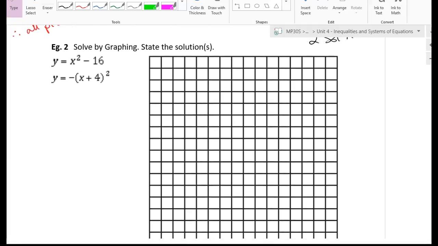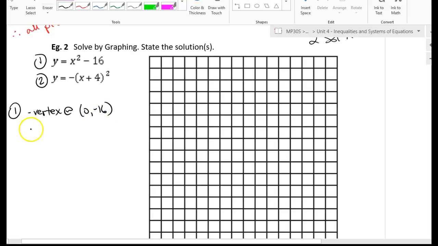Again, I really like vertex form because it lets me find my vertex very easily, and then I can extrapolate how I stretched or compressed my quadratic. So looking at equation 1, and again, I'm just going to label them 1 and 2 for myself, I can say that my vertex is at 0 and -16. I could also figure out that my y-intercept then is at -16.